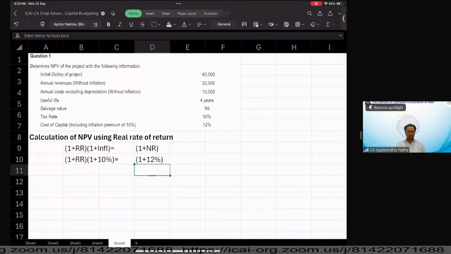To get the real rate of return, guys. Yeah, one of you has answered. I expect a few more people to answer this. Come on, it's a mathematical number. Give me the real rate of return.